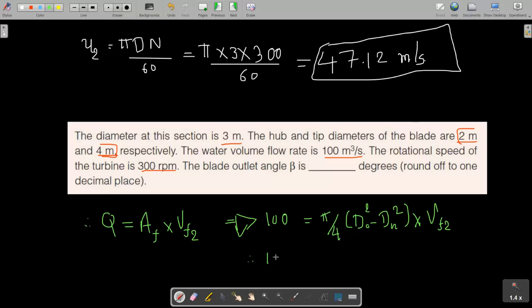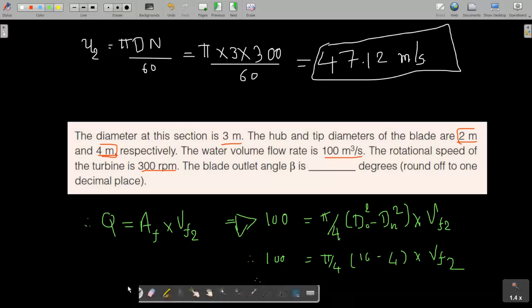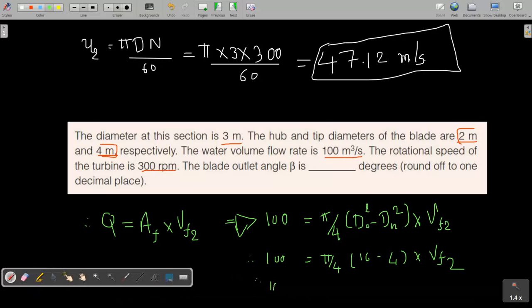Now we have the outer diameter as well as the inner diameter. The outer diameter is 4 meter, 4 square is 16, minus hub diameter 2 square is 4, into vf2. So this will become 16 minus 4, 12, 12 by 4, that is 3. So 100 is equal to 3 pi into vf2.